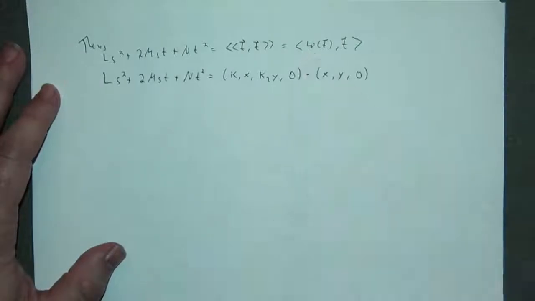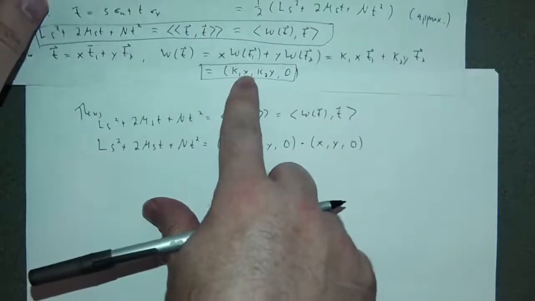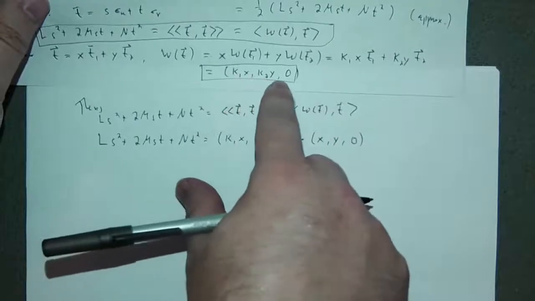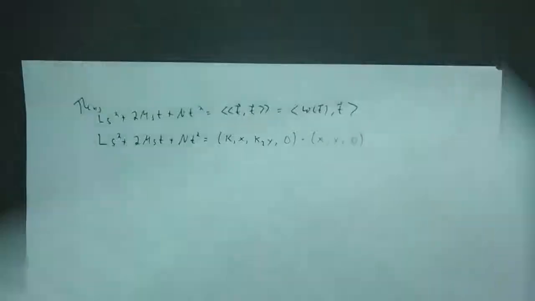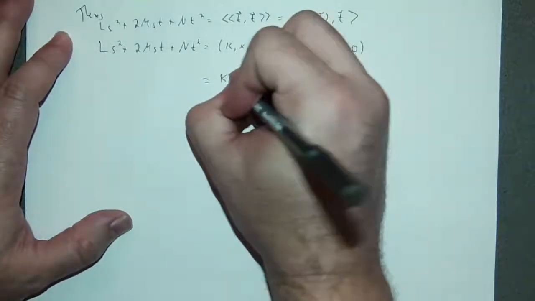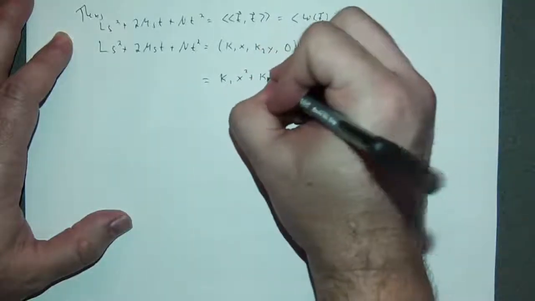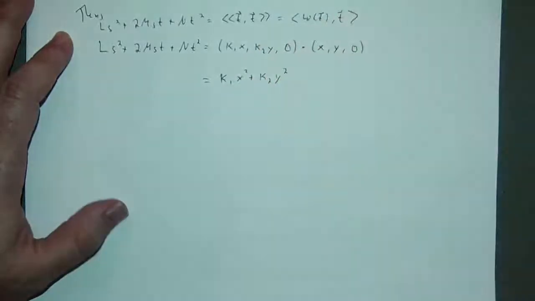We saw that the Weingarten map of t can be written, in terms of principal curvatures, as (kappa sub 1 x, kappa sub 2 y, 0). This is all near the origin, right? So this is very near the origin is where we get this expression. And so this is kappa sub 1 x squared plus kappa sub 2 y squared.